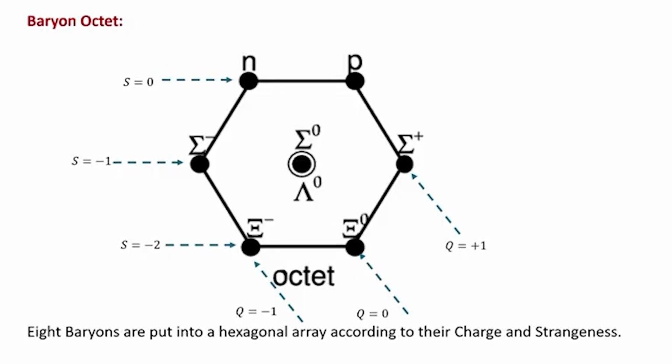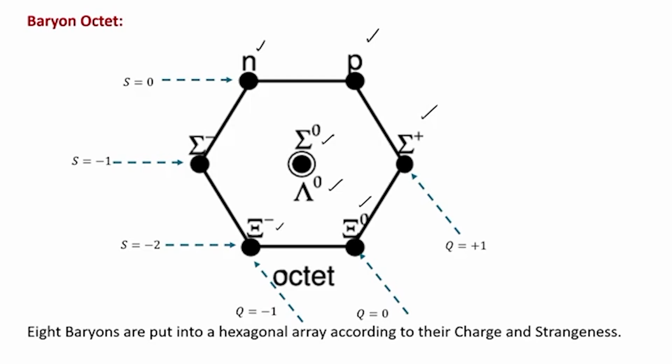So, this is a baryon octet, and these moderately heavy particles are put in this honeycomb, where you see the neutron, proton, and the sigma plus particles, and these sigma 0 and lambda 0, and these particles with 0 and minus, and then you have a sigma minus particle and so on.